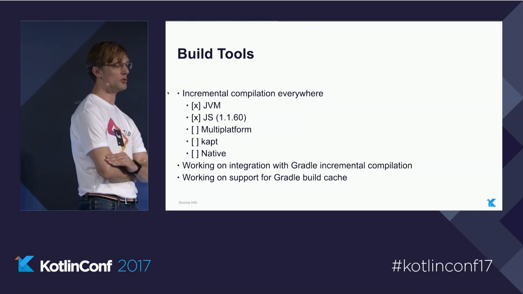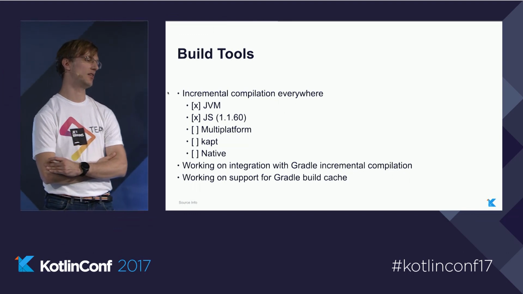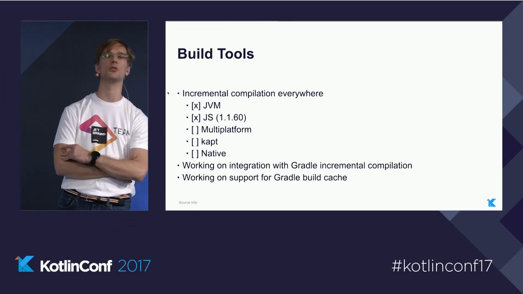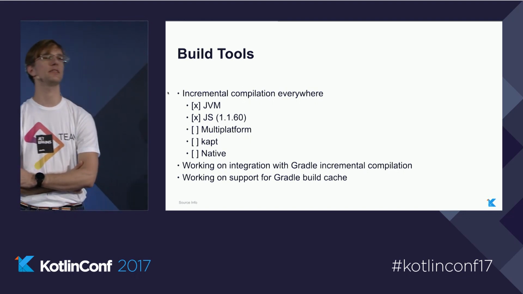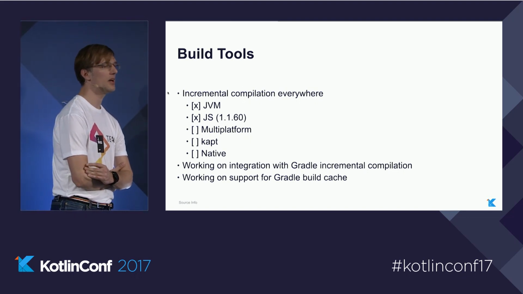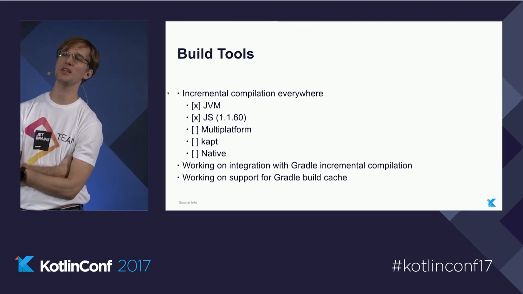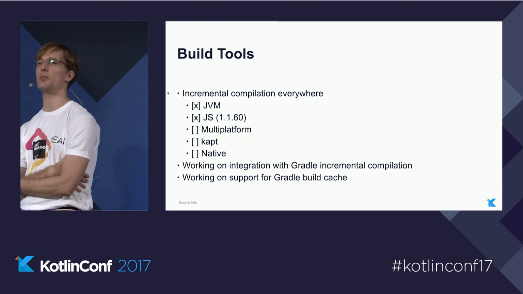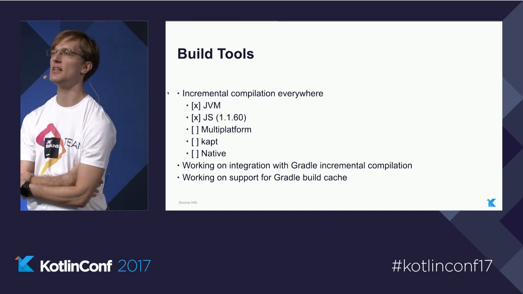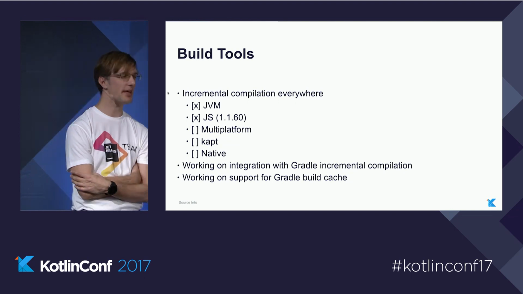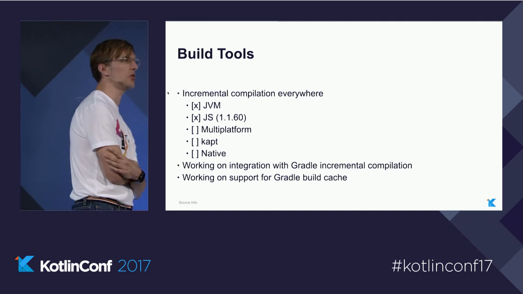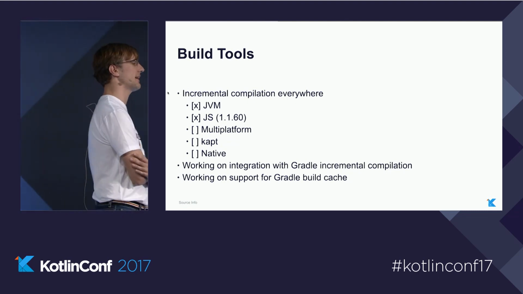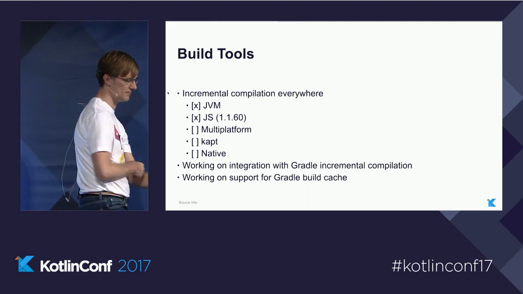The next thing is that we want to support incremental compilation for the remaining platforms, so for common code and multi-platform projects, incremental annotation processing, and native compilation, and so on. In order to enable this, we are also working together with Gradle to enable support for new Gradle features in our tools. So the build cache, incremental compilation, we are going to integrate with all of that and try to deliver as efficient an experience as we can.